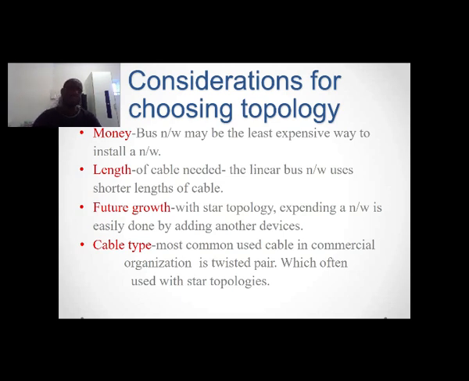And then also consider the cable type that you're using. When we talk about the equipment which is needed to build networks, we'll talk more about the different types of cables that are used. So the cable types that you can afford can also determine which type of network you use.